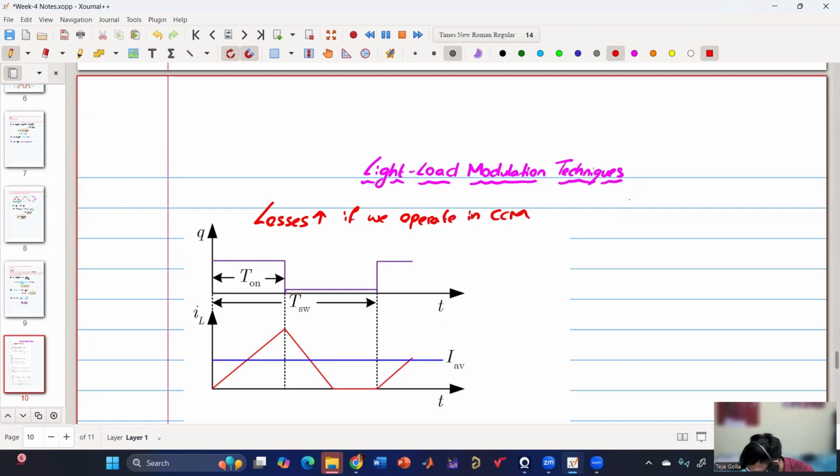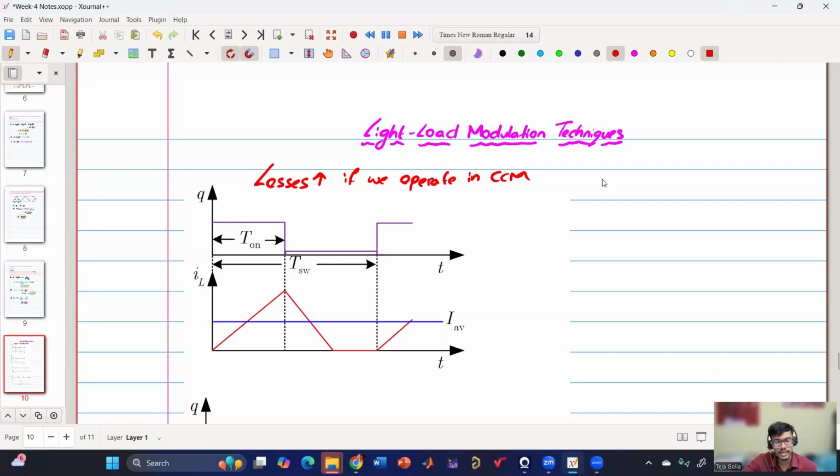Because in continuous conduction mode, the RMS current depends on both the average and the ripple. We cannot afford so many losses in the converter at light load because it is delivering less power, and if the losses are more, the efficiency will come down. What is the effect of this? If we operate in CCM, the efficiency will go down.